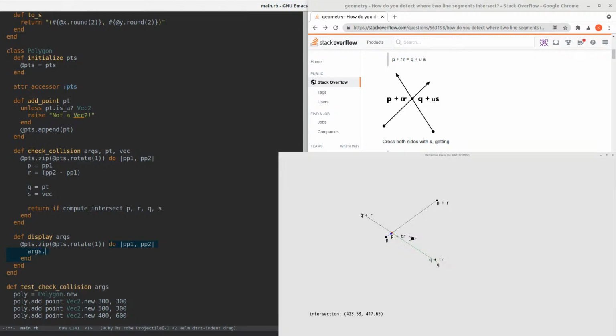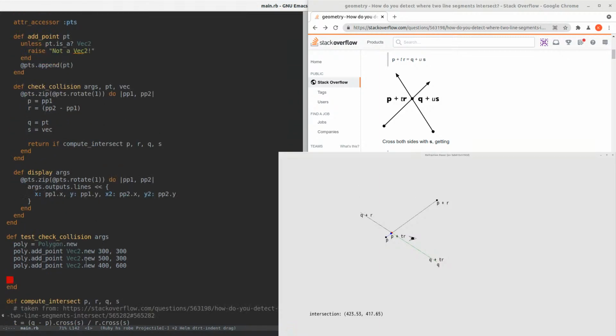And then we'll do args.outputs.lines, x is pp1.x, y is pp1.y, and then x2 is pp2.x and y2 is pp2.y.